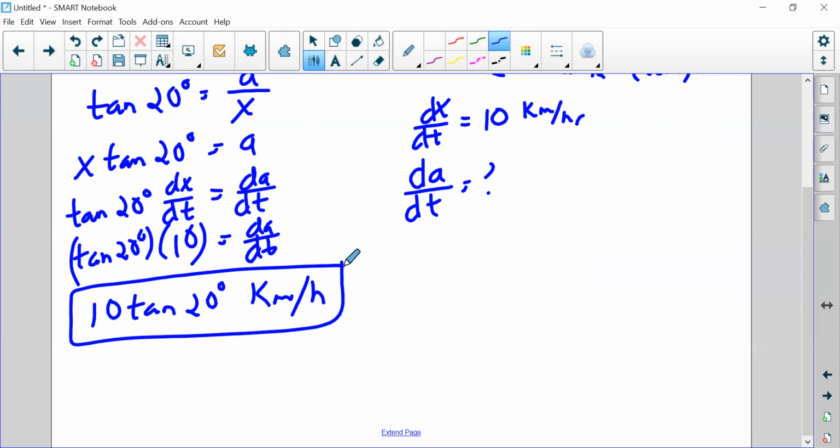Plug it in, but make sure when you plug it into your calculator that you're in degree mode. I didn't check it, let me check what that is. I have to switch over to degree mode. So 10 tangent of 20 is about 3.64, or 3.6 kilometers per hour.